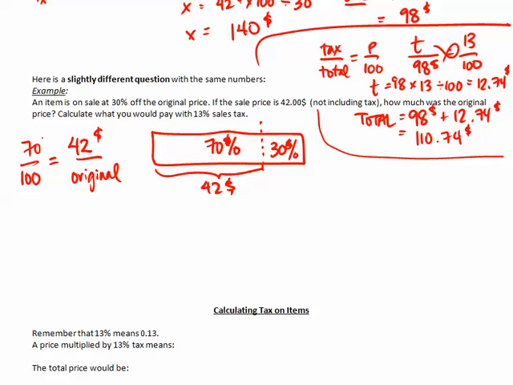Notice that now I'm pairing the 70 with the 42 because that's what the sale price was. So this is very different from the first question, even though the numbers are the same. The original now, I solve it using cross multiplication, $42 times 100 divided by 70.